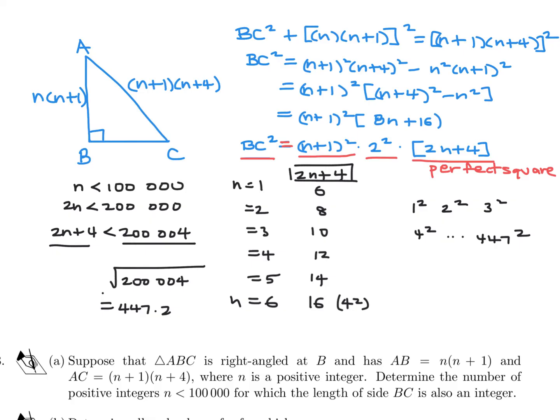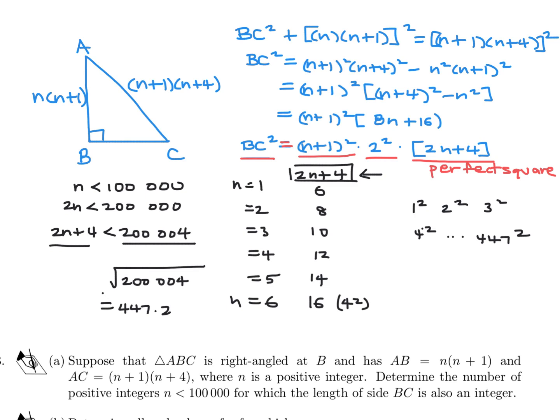But it's not that simple, because we are only interested in even ones. Any number of the form 2n plus 4 will only be even. So we're only interested, for example, in 16, which is 4 squared, an even number.